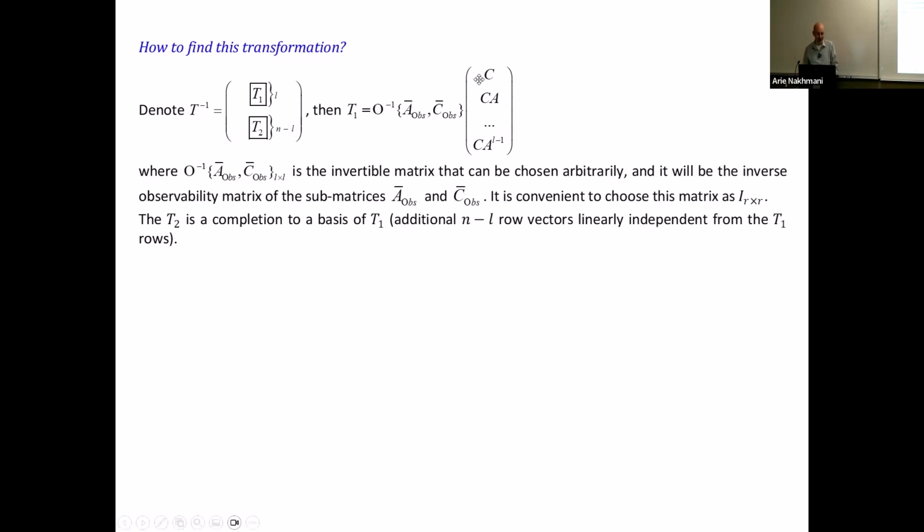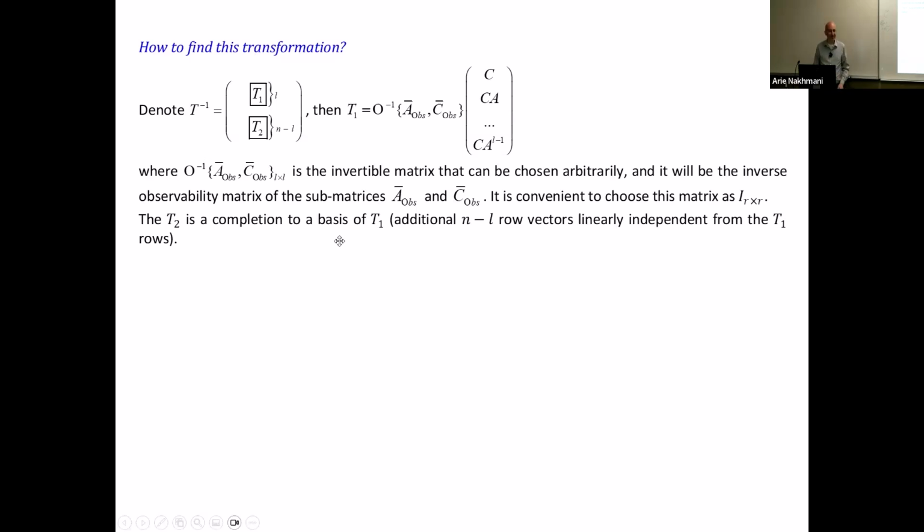When you choose I, this will be just a list of row vectors from the observability matrix. Then you need to complement it with n minus L independent rows. You just pick any rows which are linearly independent and will make that matrix invertible. Practically, that's it. This is how you find that transform, based on that formula.